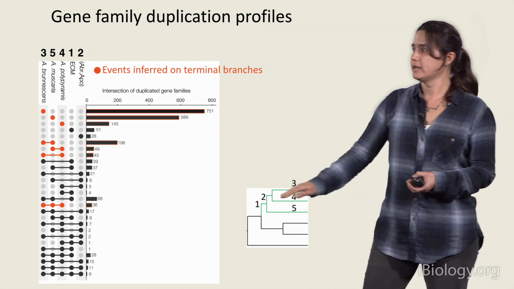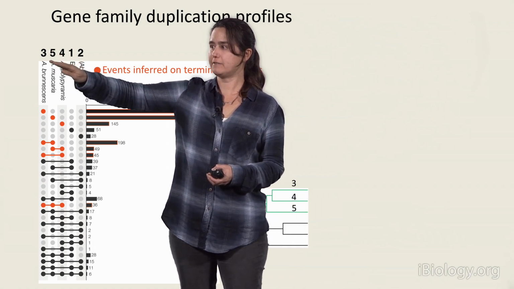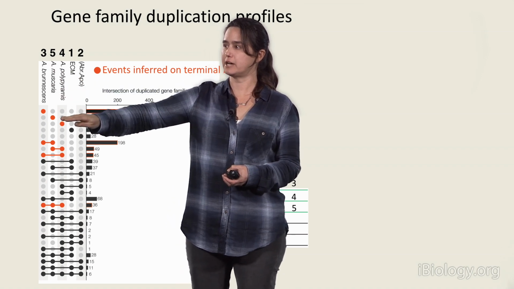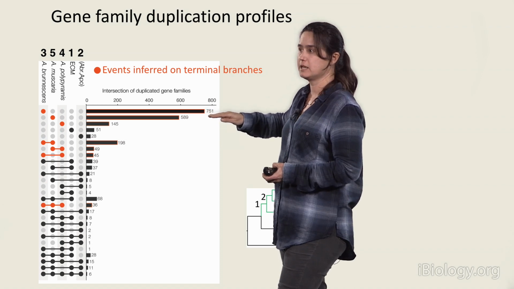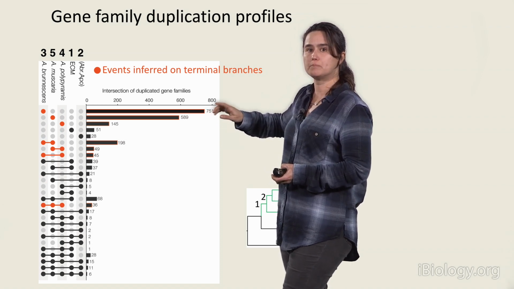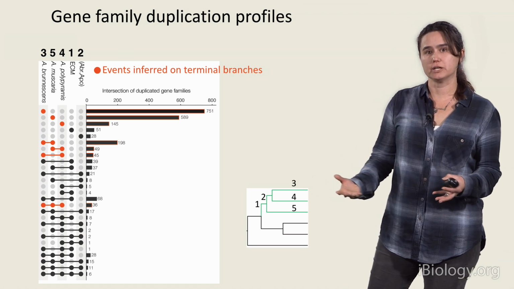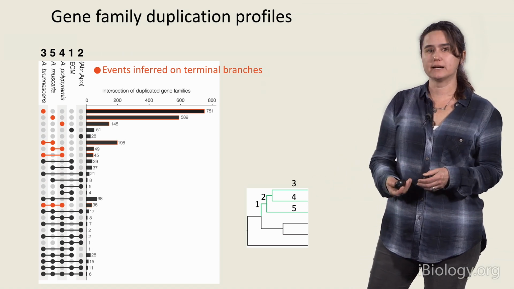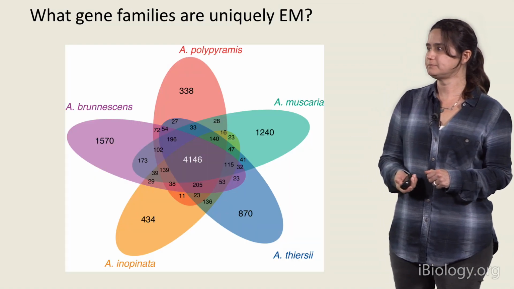You can see that it's node 3 and node 5. Follow them down and see the dots, and then follow back to see numbers of duplicated gene families. It's those 2 points on the phylogeny that have the most duplications. Again, supporting the second idea of an independent amplification of genome size in the 2 places.